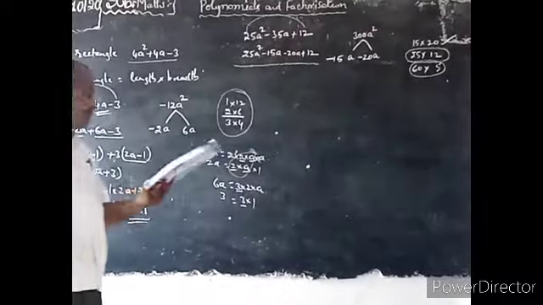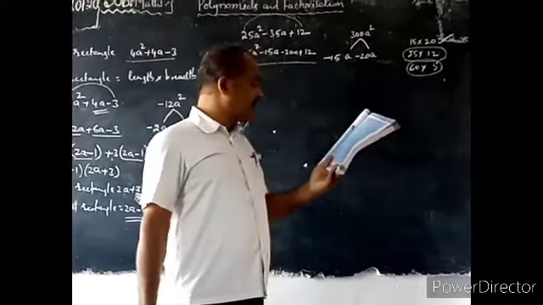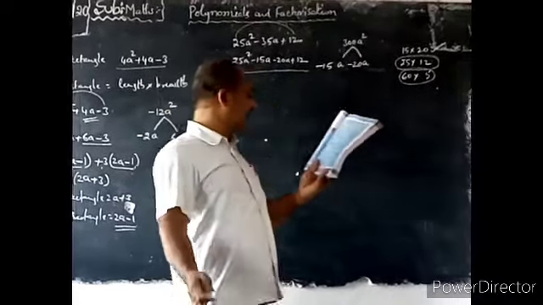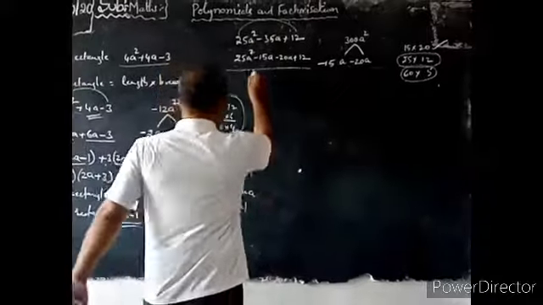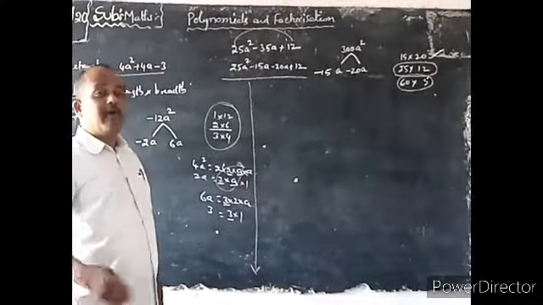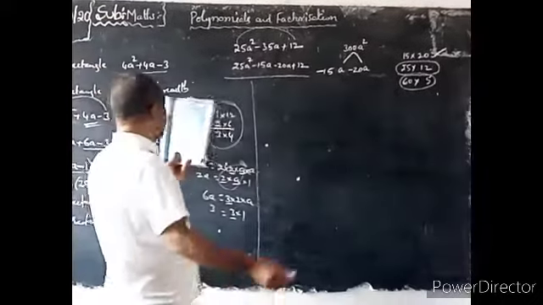You can do it, all of you? Yes. Next, the 16th one. What are the possible polynomial expressions for the dimensions of the cuboids whose volumes are given? In the previous question, the area of the rectangle was given. Now here, the volume of the cuboid is given.